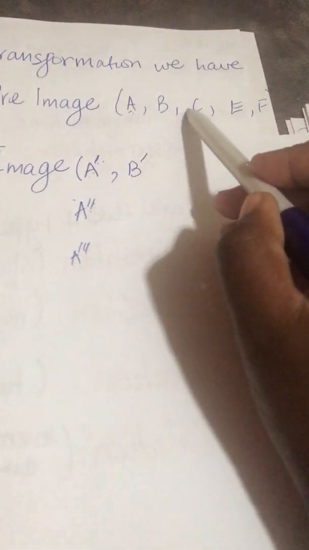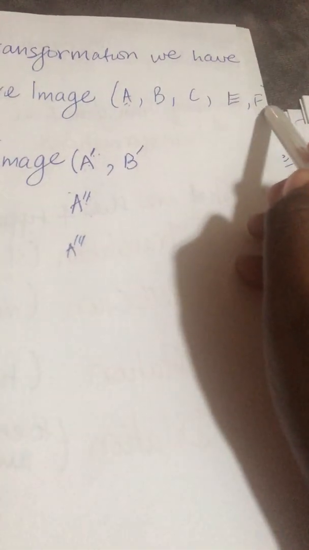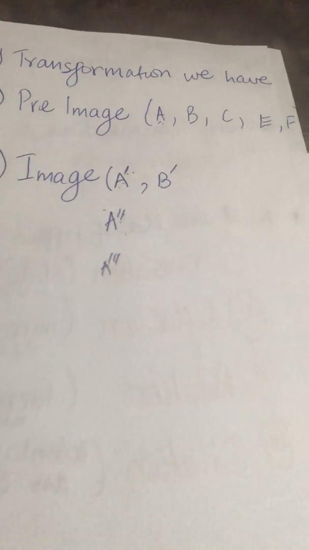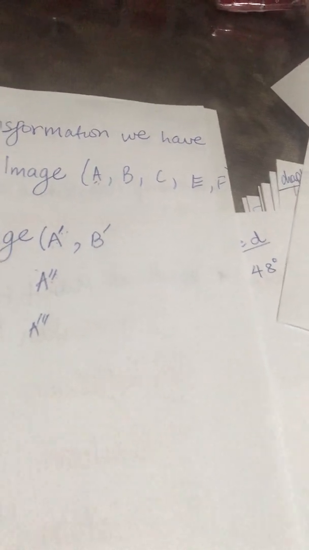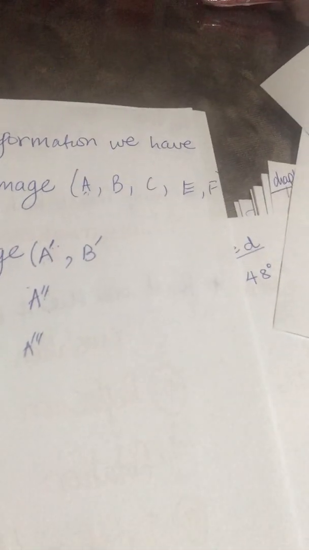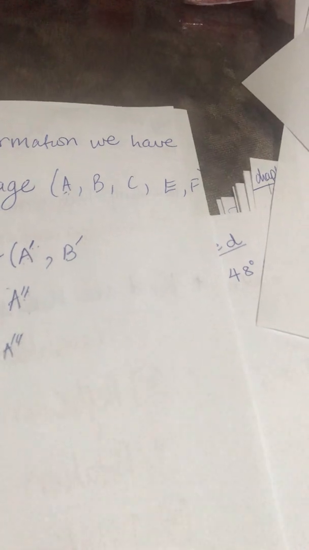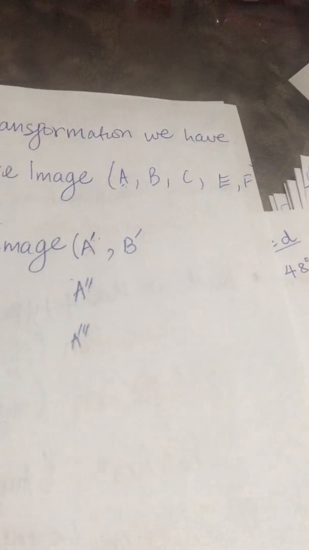So if you have two images, you will put two lines. If you have three images, you put three lines, like that. These signs are the signs for the image. If there is no sign on your capital letter, then that is the pre-image. You need to know that. Okay? And the pre-image is the first object. It can be big, it can be small, depending on the question. Okay?